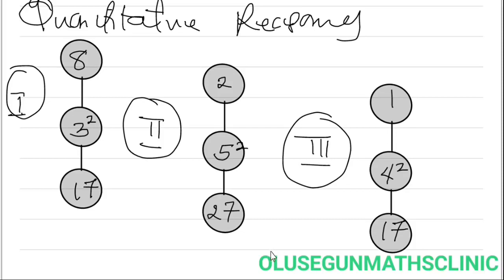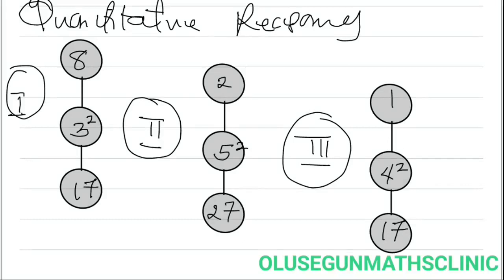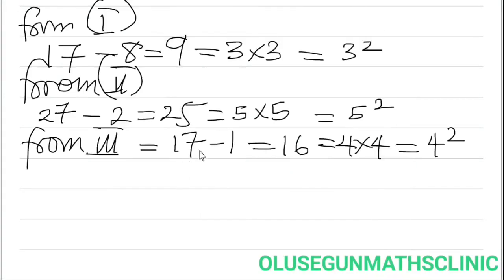But today's topic is prime factors. So we are trying to do quantitative reasoning in the prime factor way. So this is just it. I want you to reason about this very well, and how it goes. These are the answers.